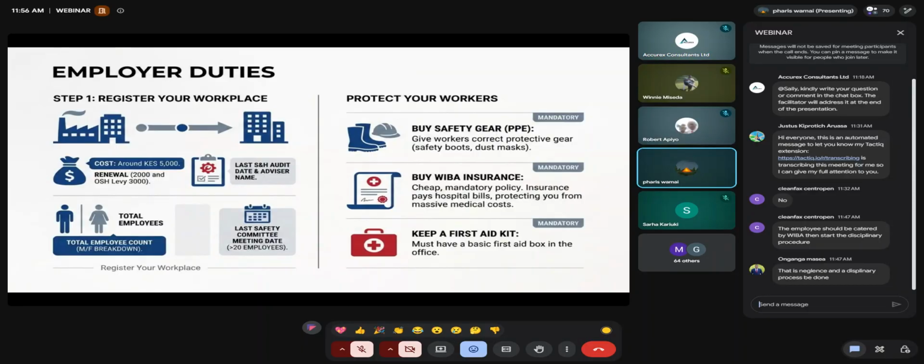For example, an alcohol detection machine, a blowing machine at the gate, or you have made sure that your employees are aware of your policies to do with coming to work drunk. So when you are drafting your policies and your contracts, it's good to make sure that your employees are aware of your company policies when it comes to coming into work drunk.